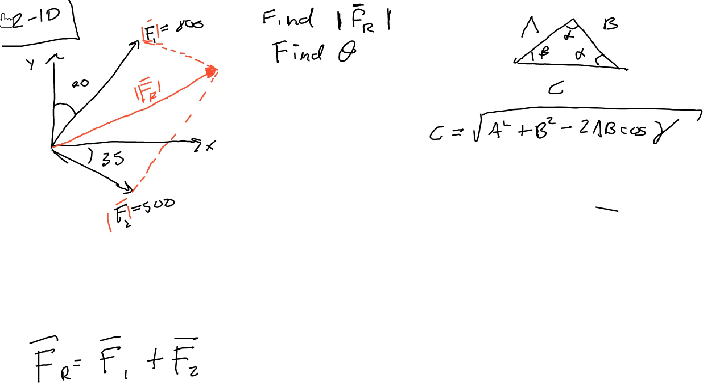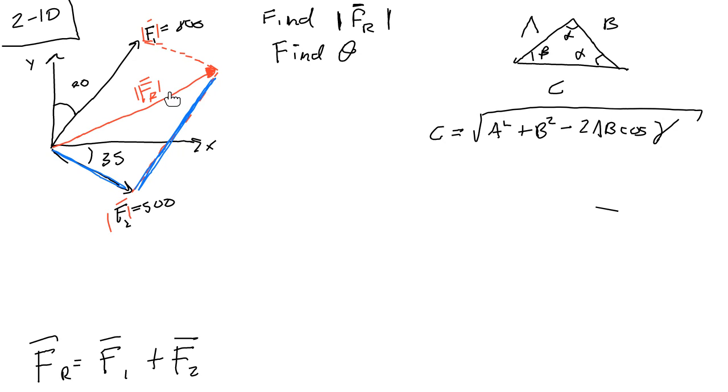Okay, so let's analyze this parallelogram again, and see what we can find out about these angles. Because as I've alluded to, we're going to use the law of cosines. Looking at this, we know this side, and we also know this side, and we're trying to find this red side.